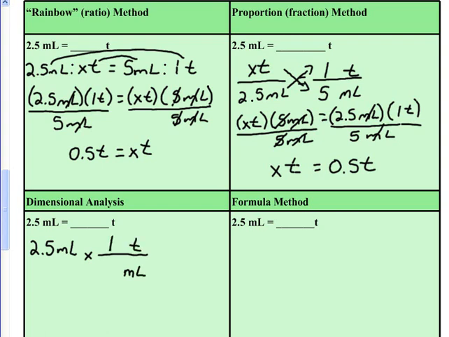We know that 1 teaspoon is the same as 5 milliliters. We can now cancel out the units milliliters, leaving us only with teaspoons. We then will multiply 2.5 times 1 divided by 5 and find that 2.5 milliliters is the same as 0.5 teaspoons.